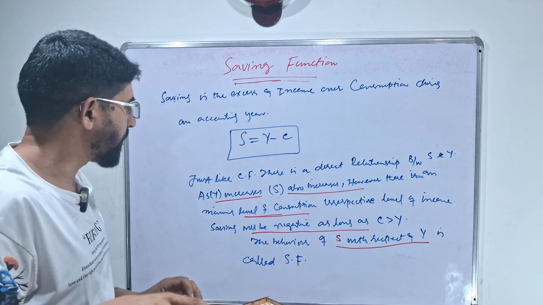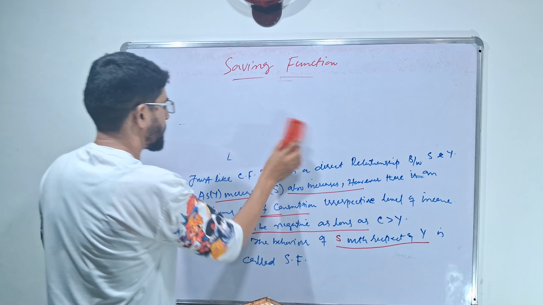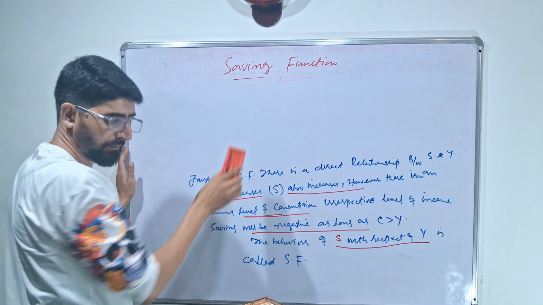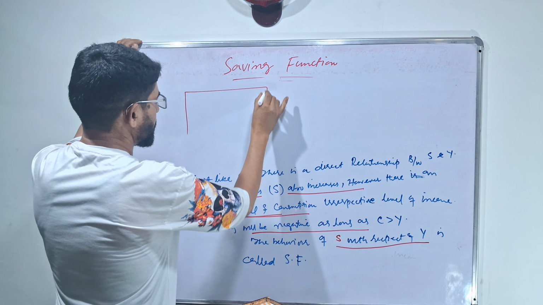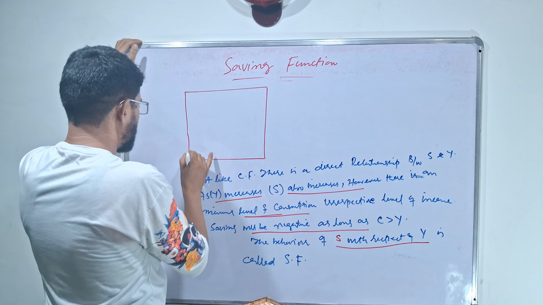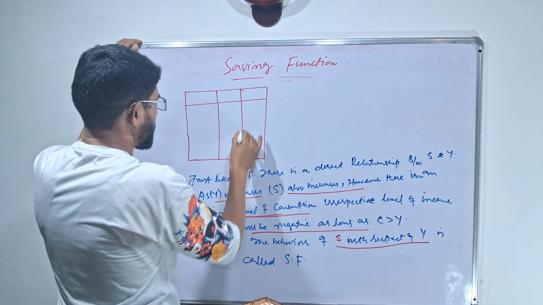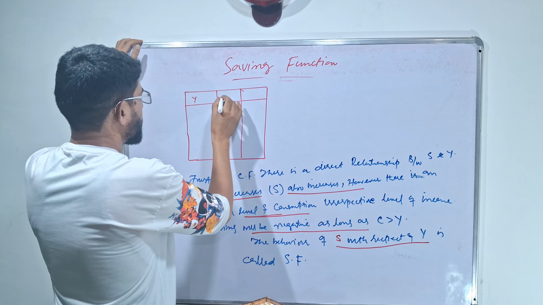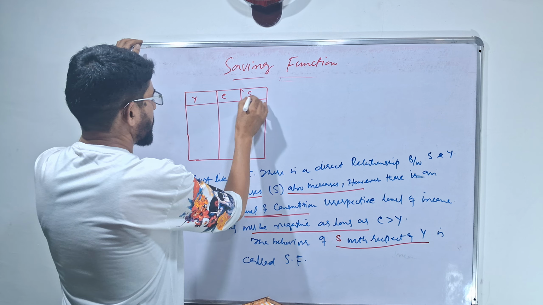I will show it with the help of a graph so that we can easily understand this. Here will be income, here will be consumption, here will be saving.